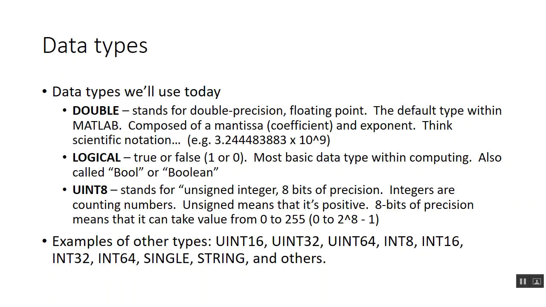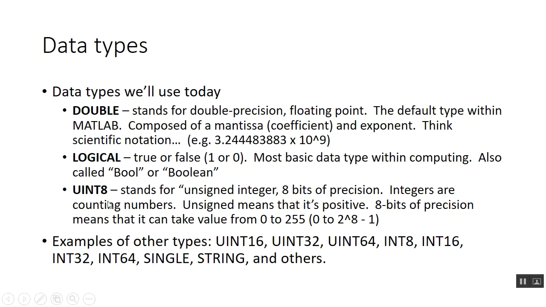That is that way because it's very flexible and easy to use. It often stands for real numbers. Sometimes people talk about them as reals or real numbers. But we're going to need to talk about logicals, where the variable itself can only take on a value of 1 or 0, true or false.